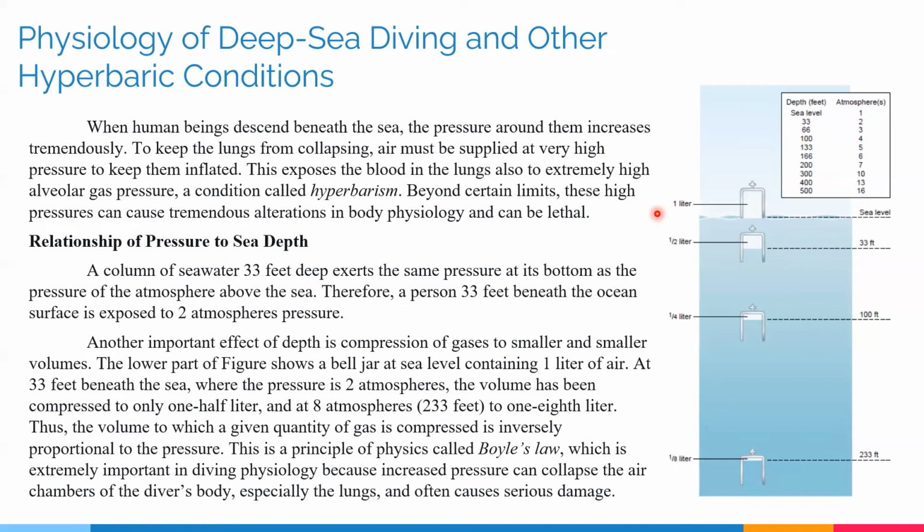Due to the tremendous pressure of water around us at very high depths, the air in our lungs can be compressed to a fraction of the volume it once occupied at sea level, and this can prove fatal and also cause serious damage to our body.